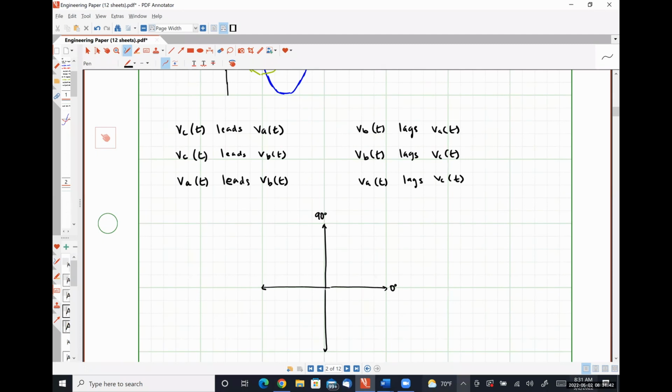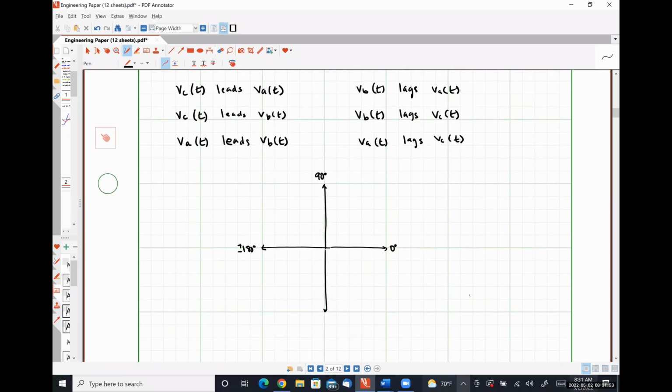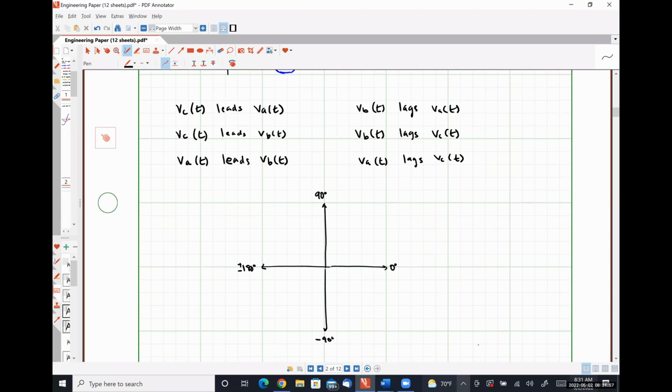So the positive horizontal axis corresponds to 0 degrees. The positive vertical axis corresponds to 90. The negative horizontal corresponds to plus or minus 180 degrees, and the negative vertical corresponds to negative 90. And so what a phase diagram is a snapshot in time of these signals.